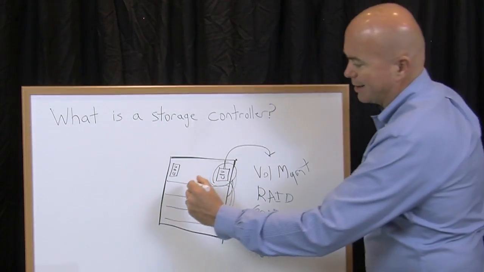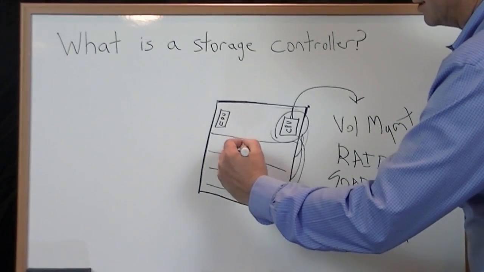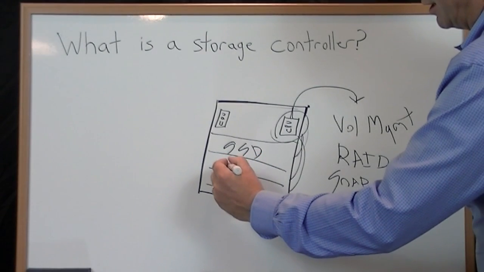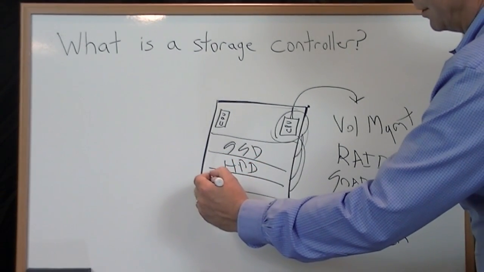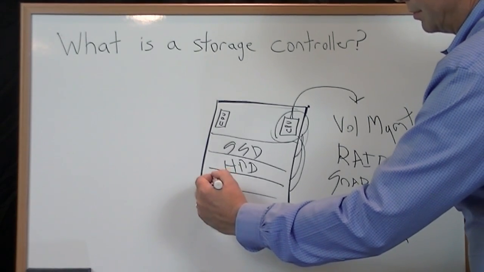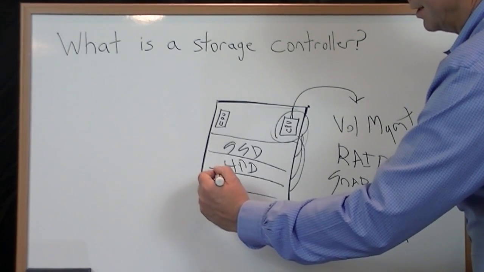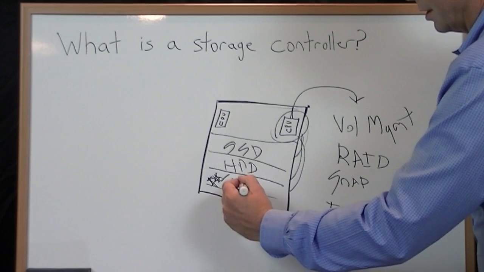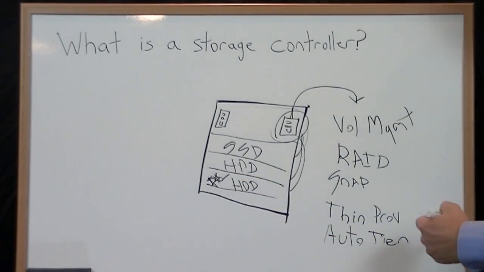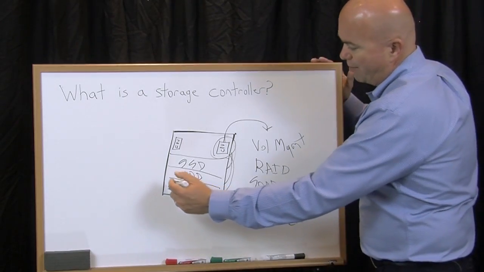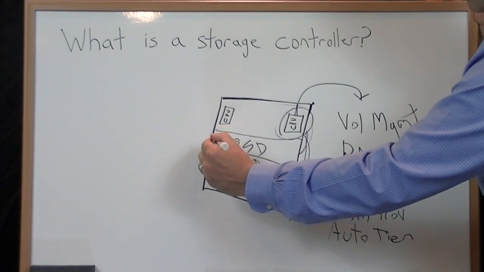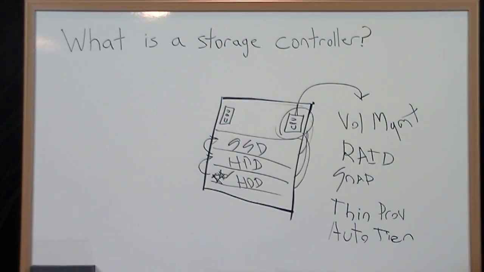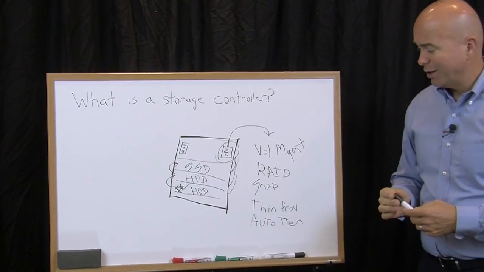And what that is, let's say we had a shelf of SSD and a shelf of HDD, and maybe a shelf of high capacity nearline HDDs. What auto tiering does is automatically move data at a block level between these tiers, except those arrows I just drew aren't exactly accurate.